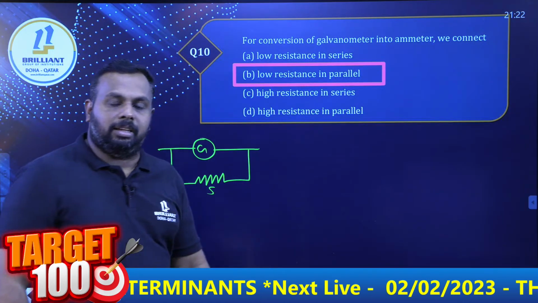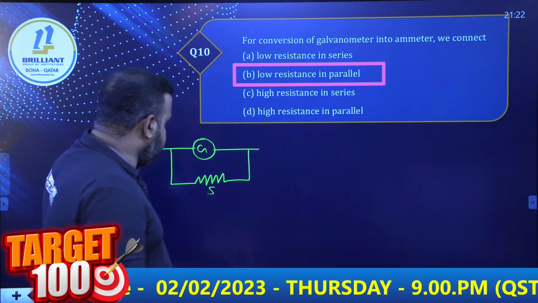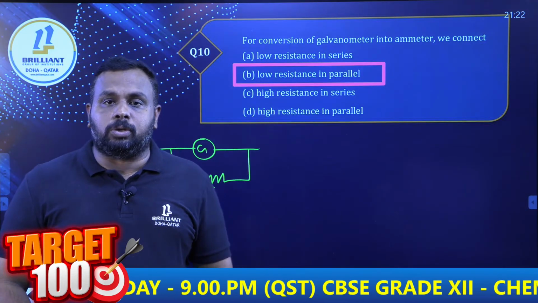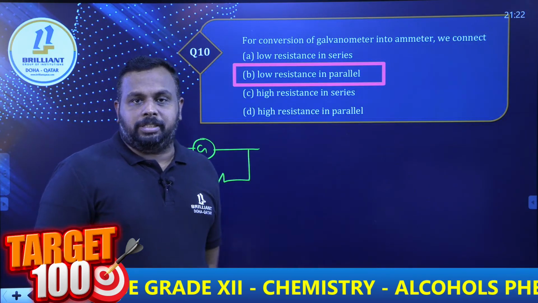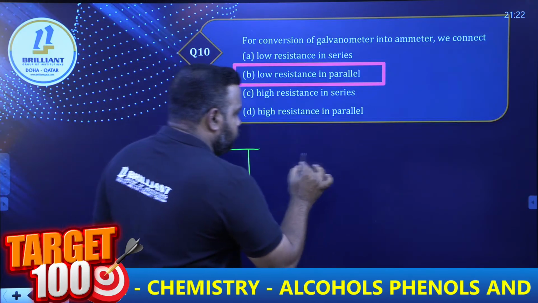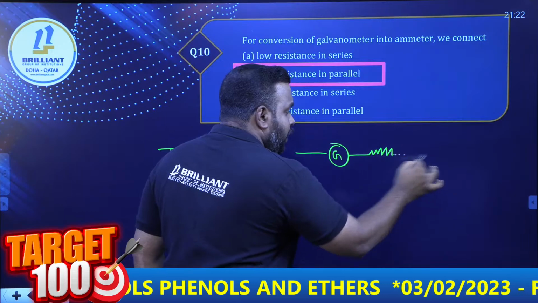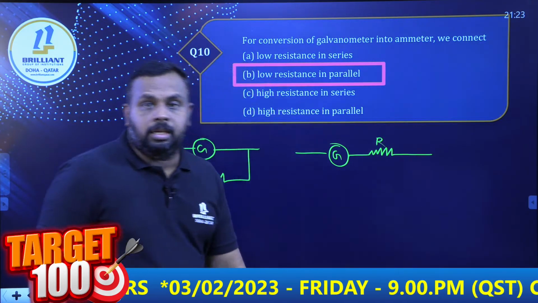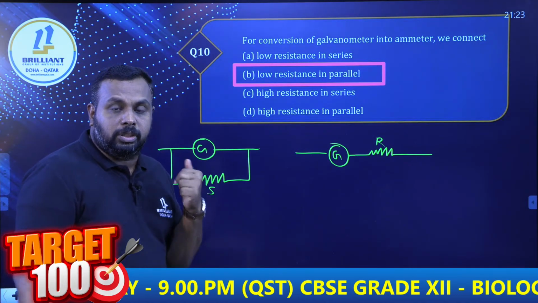We should connect a low resistance in parallel. At the same time, just recall conversion of galvanometer into a voltmeter. How can you convert? You can convert this galvanometer into a voltmeter by connecting a high resistance in series. High resistance in series.